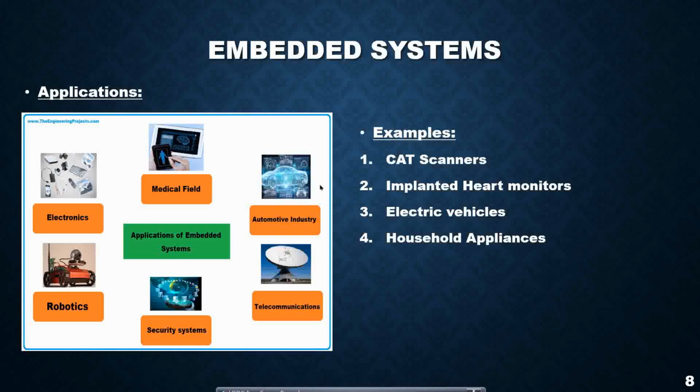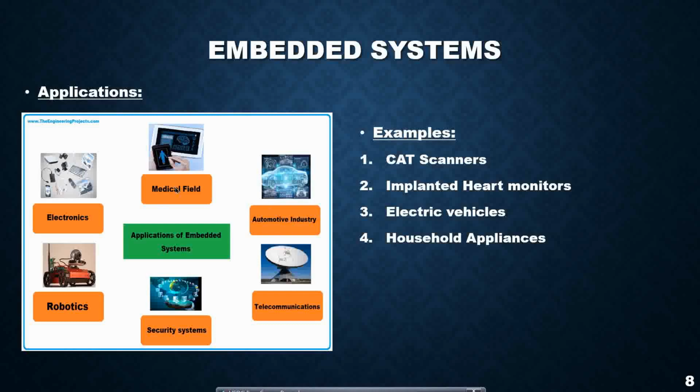These are some applications and examples of embedded systems. As mentioned in the picture here, embedded systems have a variety of applications in different fields of engineering and also in the medical field. Engineering fields include electronics, robotics, security systems, telecommunications, and automotive industries.